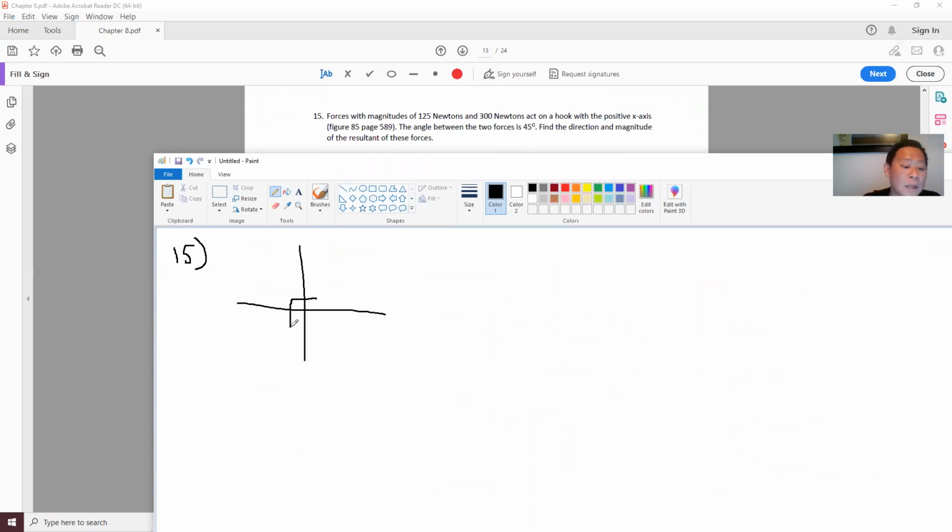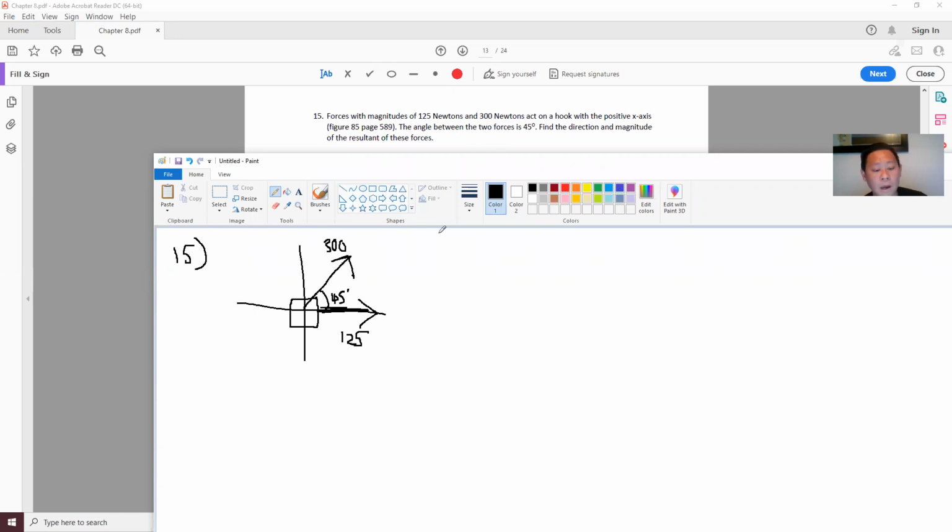So we will have one that is 125 and one that is 300. So let's say that this is 125. And because 45 degrees is here, this is 300. This is 45 degrees. So this is what the picture looks like.